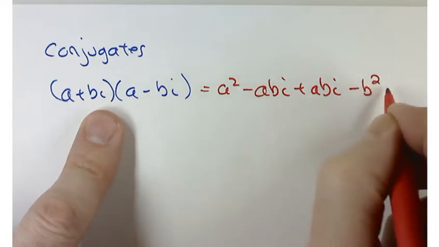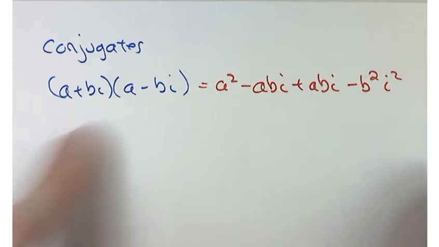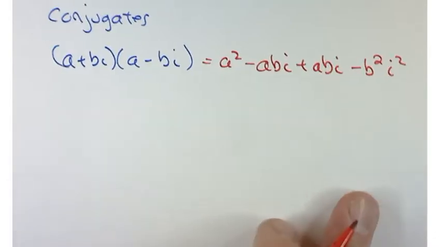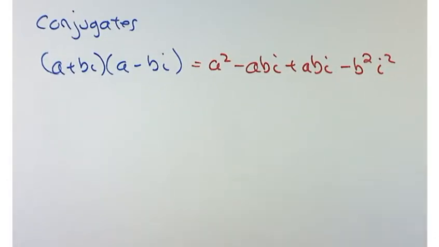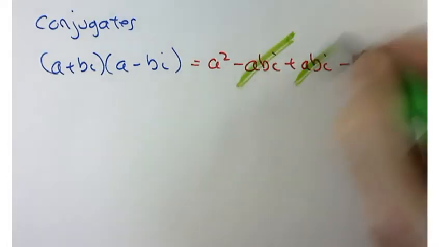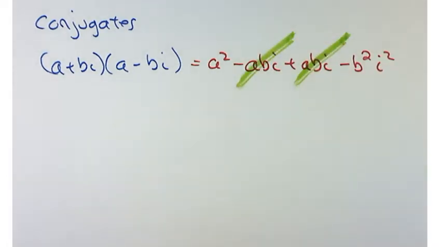Minus b squared i squared. Excellent. You have to be careful with that last one. It's minus b squared i squared. Now something special is going to happen here in terms of simplification. What's the first thing that you see? Hasta la vista, baby. Those are gone. Those cancel out.